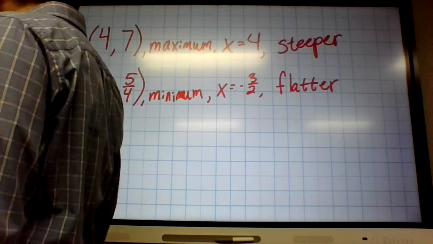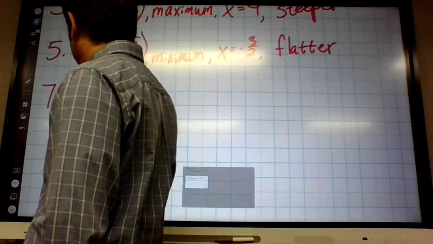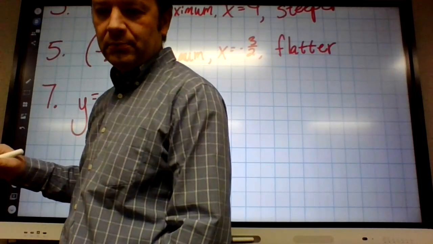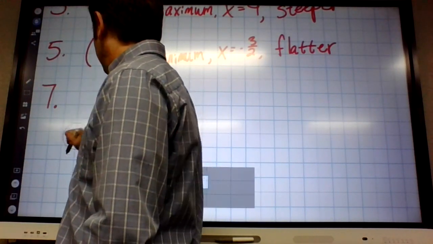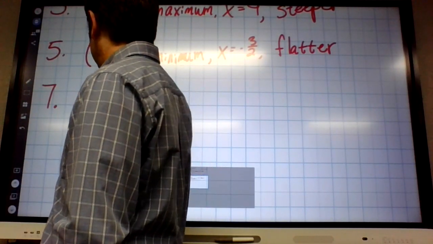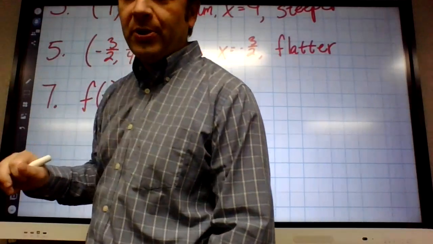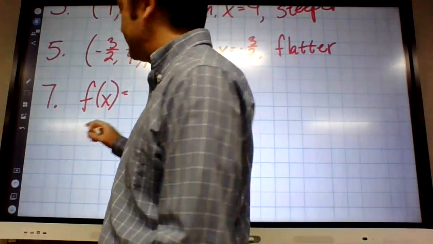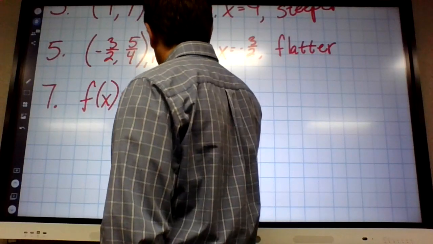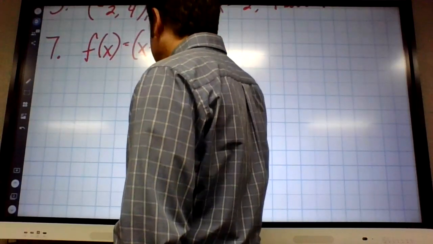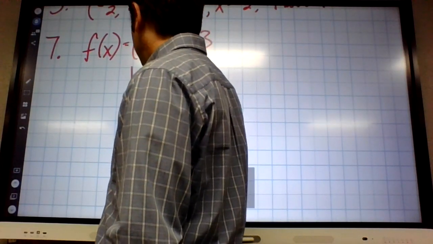Okay, 7 is actually graphing. A slightly quicker trick than we used yesterday. Can we use y instead of f? I don't care. Sorry, I was talking about 13.